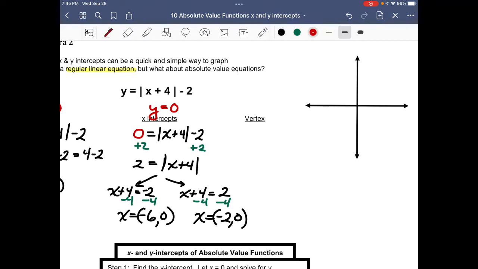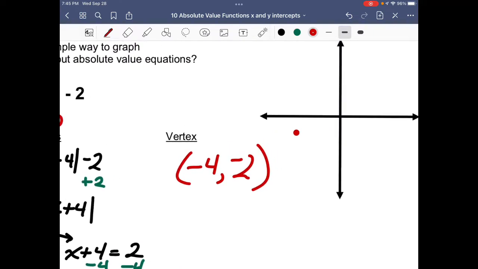Now, don't forget, this is an absolute value equation. It's been since the beginning, so it does have a vertex. Remember, the vertex comes from shifting, looks like for this problem, shifting to the left 4, and then shifting down 2. So if I go to the left 4 and down 2, then I'm pretty sure I'm at (-4, -2). That's the vertex, and that would be a perfect place to start my graph.